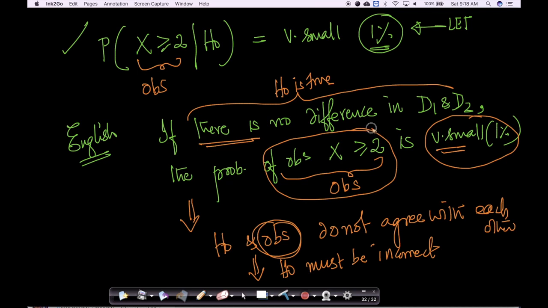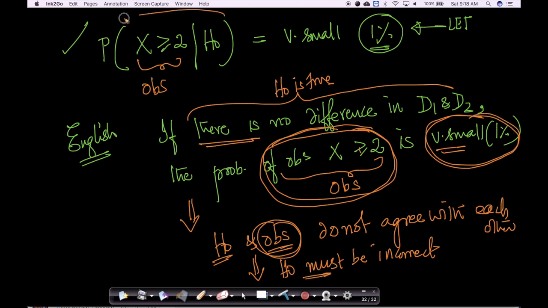Because the probability of observing what I've observed is extremely small, if my null hypothesis is true, my null hypothesis and observation agree with each other with a very, very small probability, and hence H0 must be incorrect.